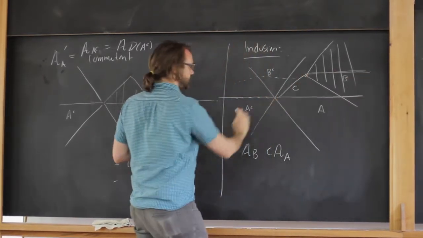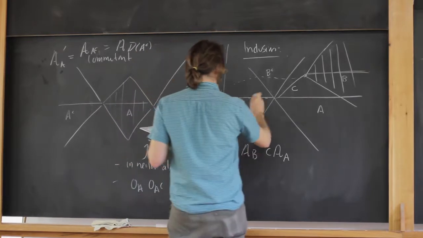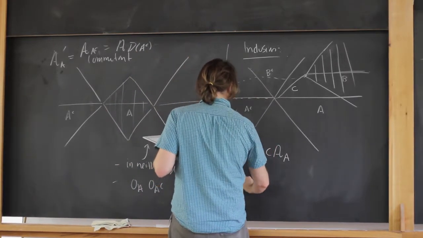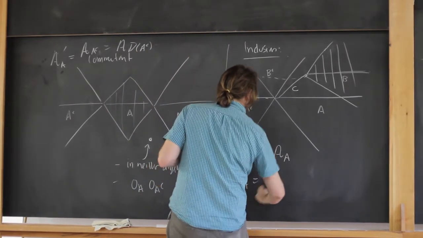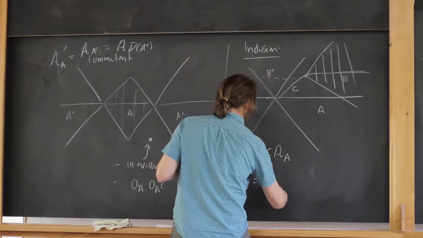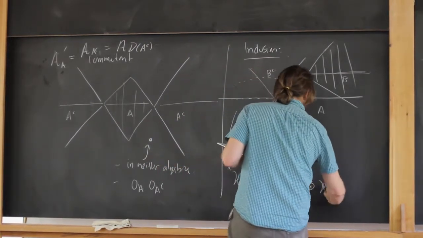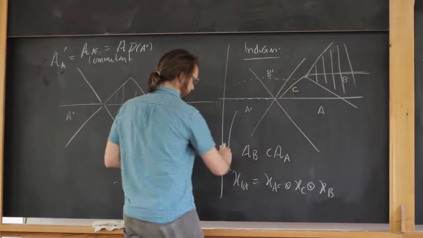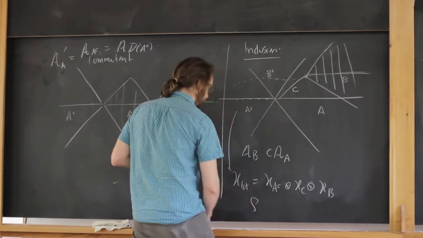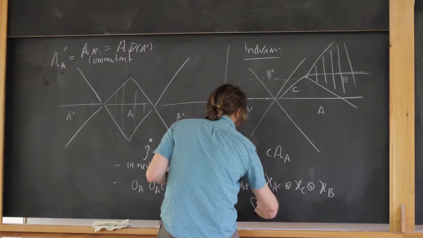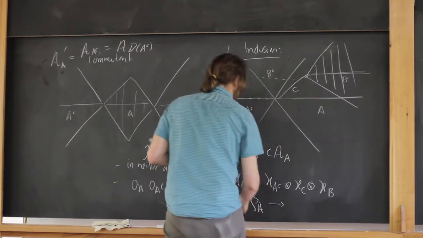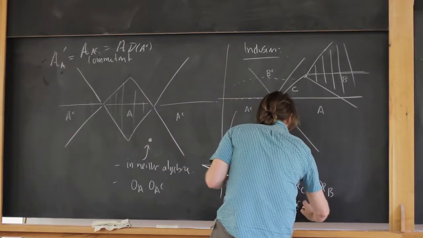Then we would have some C region here, and we would consider the Hilbert space to be a tensor product of the complement of A, H_C, and H_B. And then if I had some reduced density matrix acting on A, it would go to that acting on B by tracing over C.